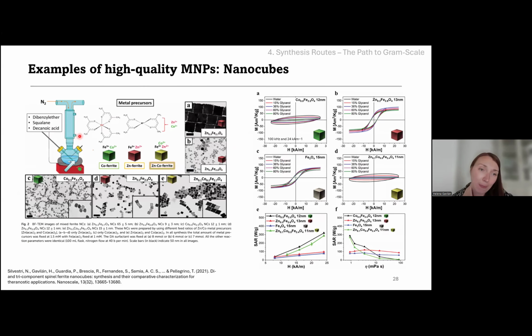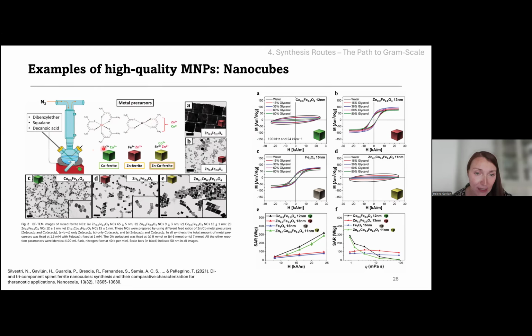Another interesting point of this route, thermal decomposition, is that instead of using one single metal precursor like iron acetylacetonate, you can mix and add different metal precursors that allow you to tune the nanoparticle composition.